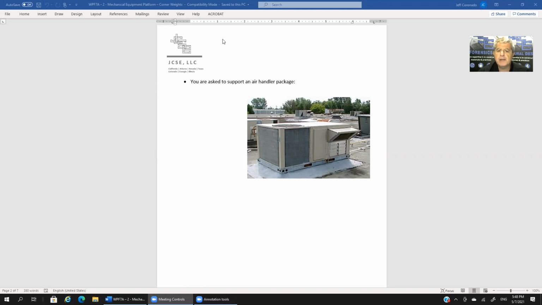You need to provide the framing down here to support this unit so that it doesn't come crashing down through the roof. A valid question would be, how much does this thing weigh? Seems like we would need to know how much it weighs if we're going to provide a support for it.